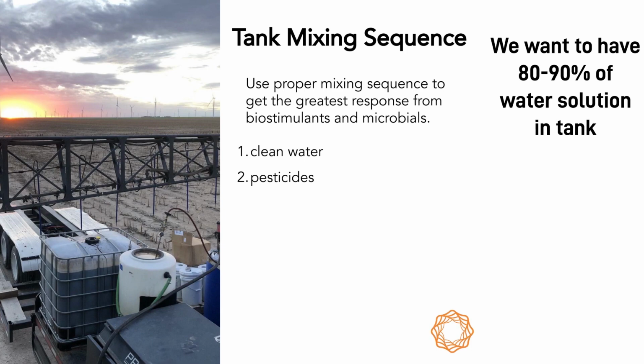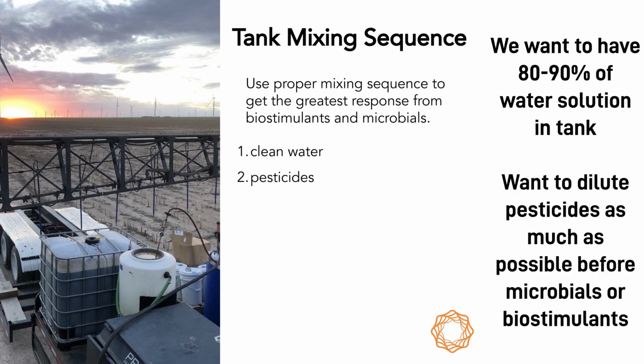The reason for this is because we want to dilute the pesticides, whether those be fungicides, insecticides, whatever the case might be. We want to dilute those pesticides as much as possible before we add any microbials or biostimulants. Because if we do it in reverse, if we first add clean water and then we add the microbial inoculants, the biostimulants, etc., when we put in pesticides last, those pesticides hit the tank in a very concentrated form.